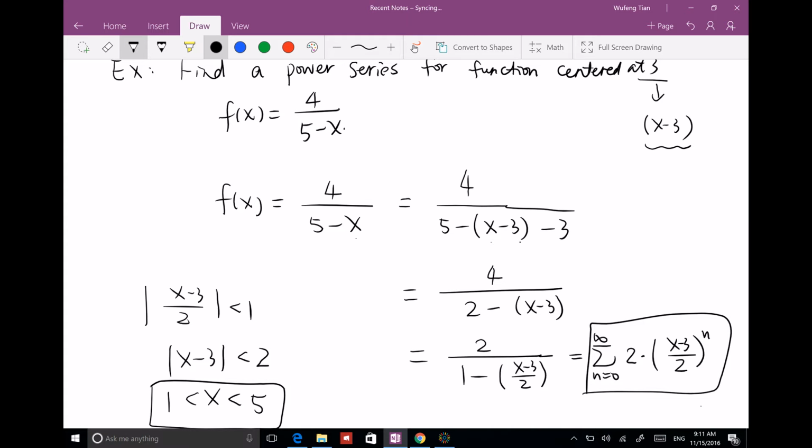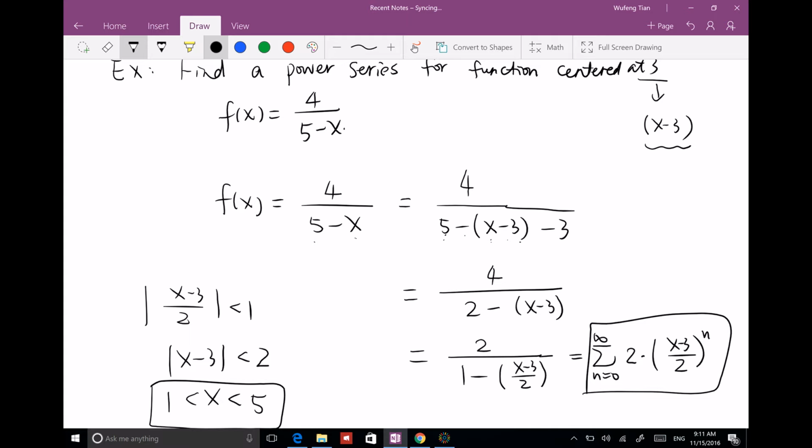But altogether, 5 is the same 5. If I change it into minus (x minus 3), then basically I add 3 on both, so I need to subtract 3 to cancel it out. Then I have 2 minus (x minus 3).